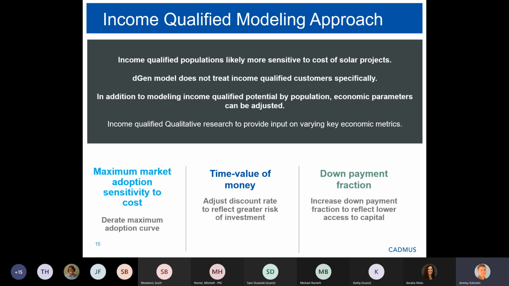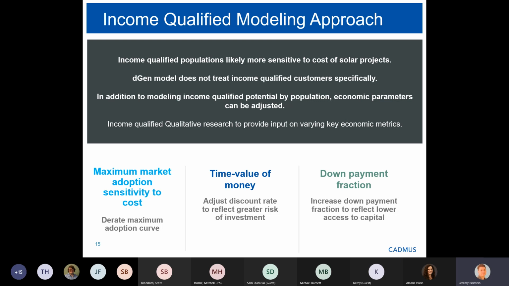Number one was the maximum market share adoption curve that we showed earlier, potentially shifting that to show a greater sensitivity to cost.